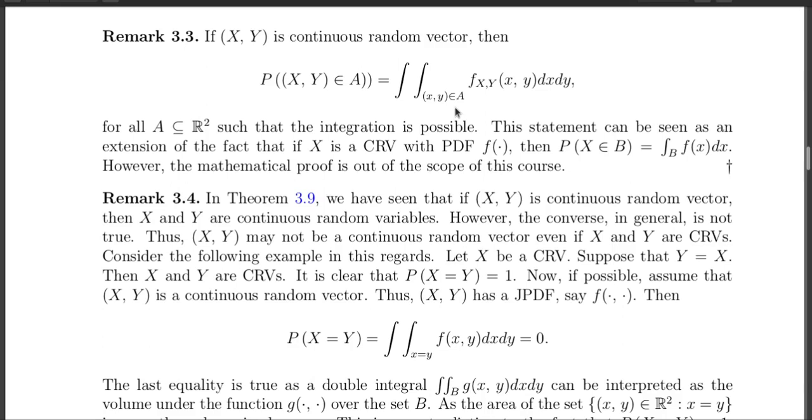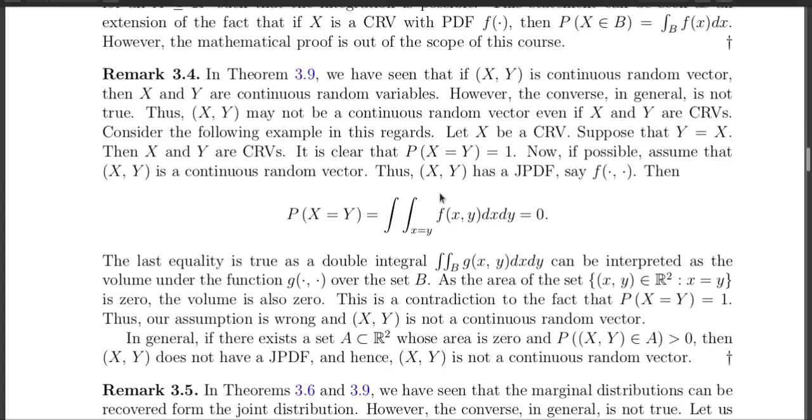Okay, now let us come back to the example where we are going to show that x and y being individually continuous does not imply that (x, y) as a vector is continuous. The example is a simple one. Take any continuous random variable x, and take y equals x.